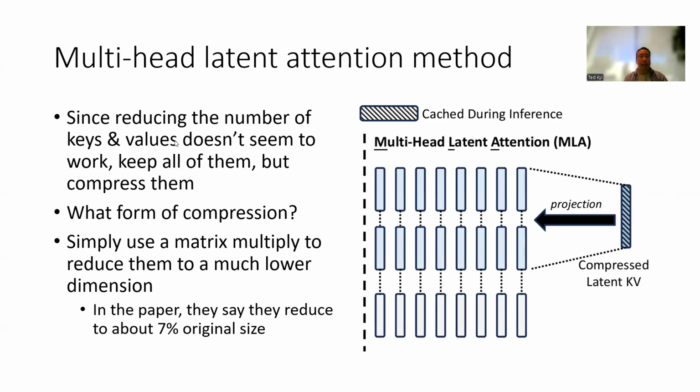So the idea here is, since you can't reduce the total number of keys and values, let's keep the number of keys and values, but just find a way to compress them. How can we compress them? Well, they ended up with a very simple technique. They're just doing a matrix multiply. So let's say that your keys and values are originally length 512.